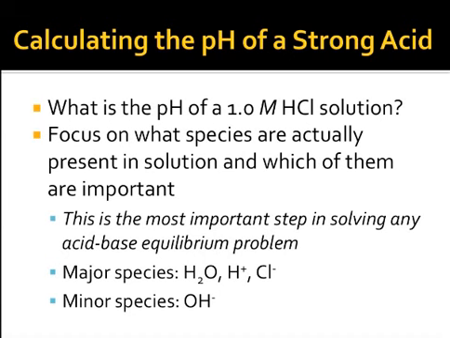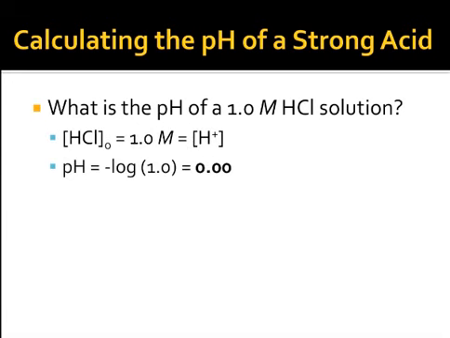Additionally, the H+ contribution from the acid forces the autoionization equilibrium to the left to produce even more water molecules and fewer ions. Since hydrochloric acid is a strong acid, the initial concentration of HCl molecules is the concentration of hydrogen ions. Notice this is a stoichiometry problem, not an equilibrium problem, because HCl is a strong acid. The pH is found from the negative log of 1.0, so the pH is 0.00.